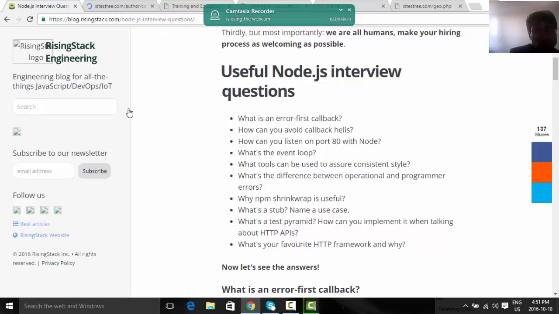How can you avoid callback hell? I think this is also a common question in another interview set that I showed. Callback hell means that the callbacks are nested one inside another. It's difficult to read, difficult to understand, not easily scalable, and error prone. There are many bad things there.